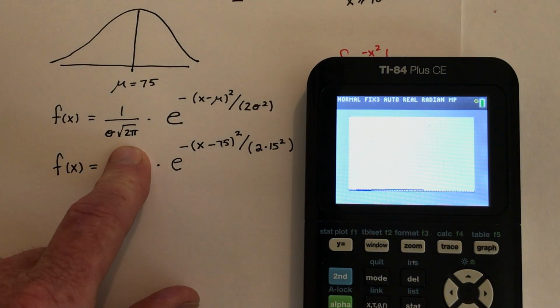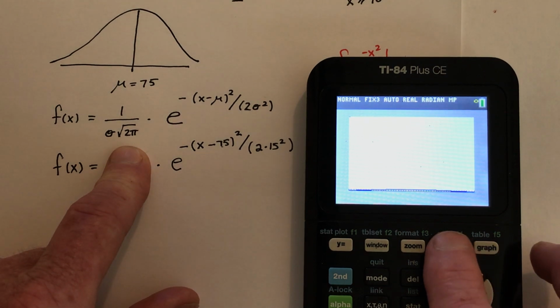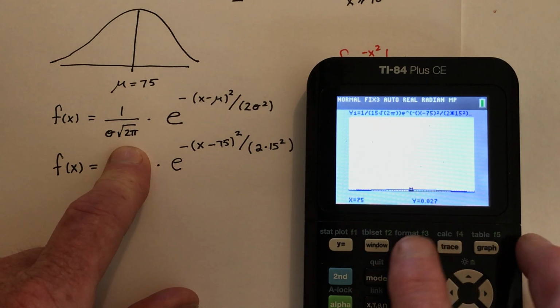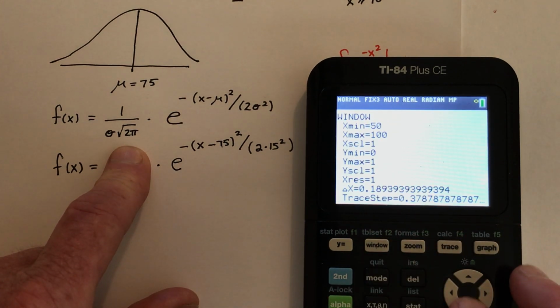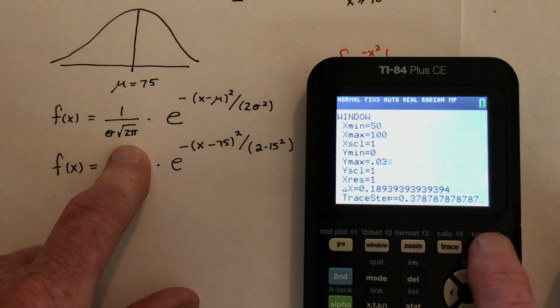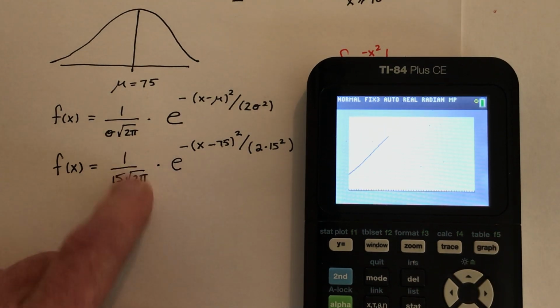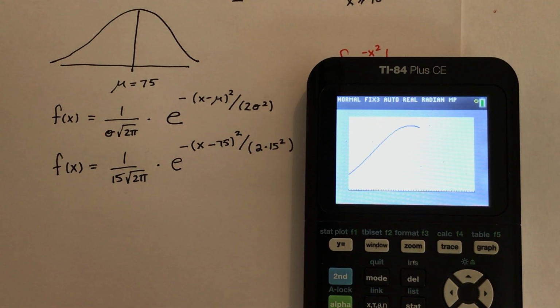So yeah, it's actually much shorter than I thought. If I trace it, I can see that the y value is only about 0.027. So if I go to 0.3, I should be able to see the graph better. So now it's making that normal distribution.